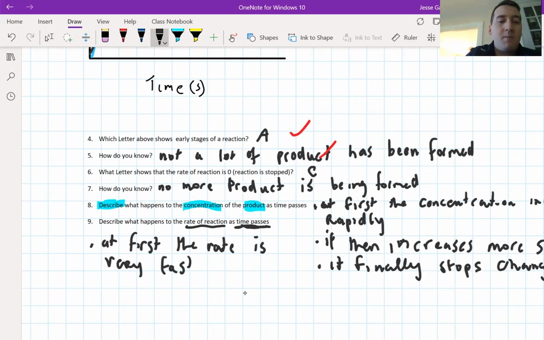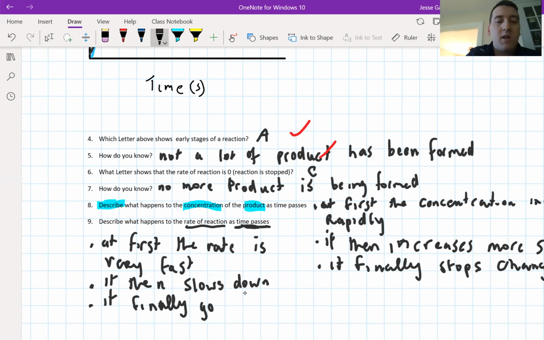It then slows down, and finally it goes to zero. It stops changing. The rate goes to zero.